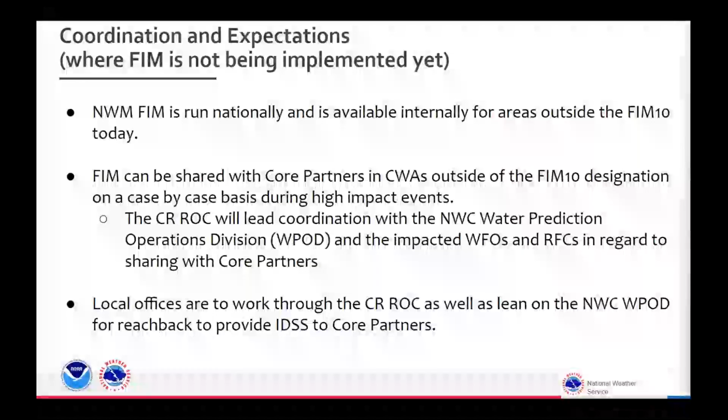So any of your offices right now can see flood inundation mapping for your areas. So what does that mean? Right now, the FIM can be shared with core partners in your CWA, even if you are outside of the FIM 10% area, but that is on a case-by-case basis and would be limited to high impact events.